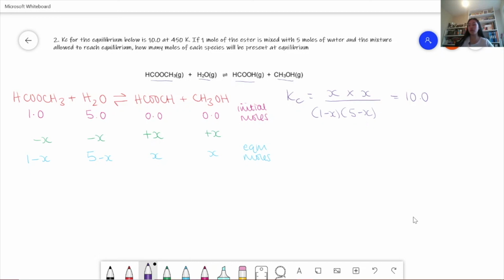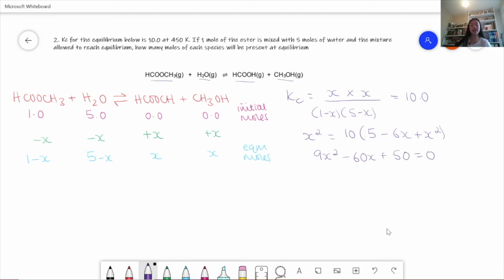And so we form a quadratic equation. So we have X squared equals 10 times by, and I'm just going to expand the bracket, so we have 5 minus 6x plus x squared. And then we'll have 9x squared minus 60x plus 50 equals 0.